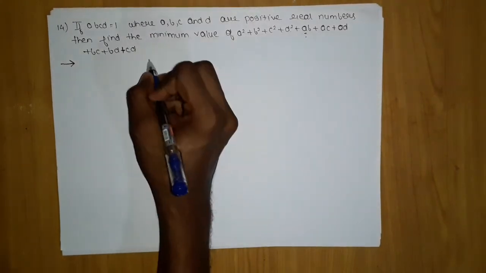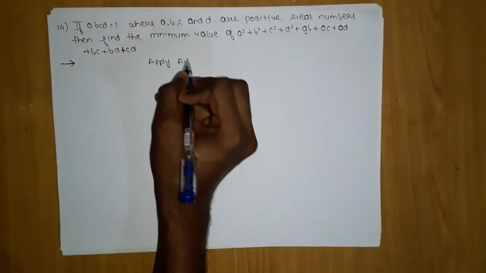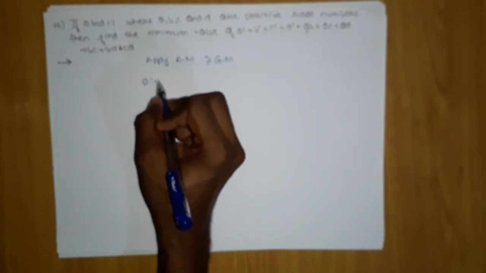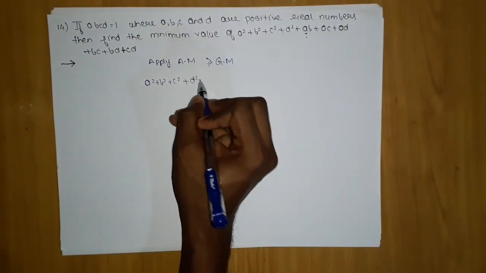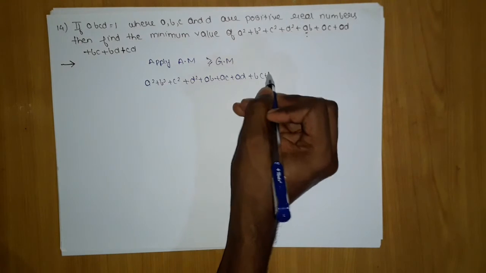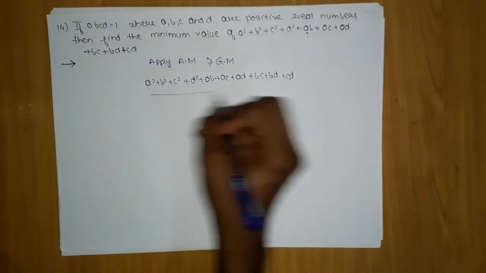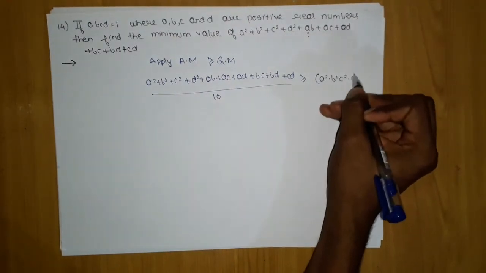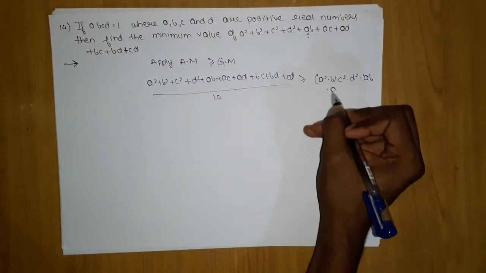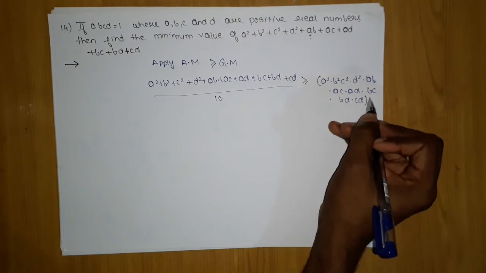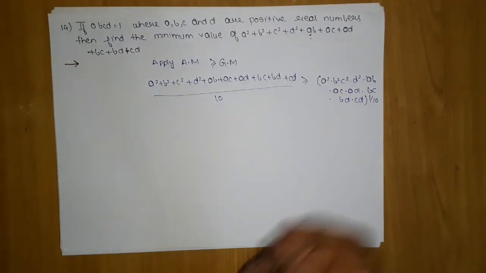No. So if I apply AM greater than or equal to GM on these terms, then it is (a square plus b square plus c square plus d square plus ab plus ac plus ad plus bc plus bd plus cd) upon 10 greater than or equal to (a square b square c square d square ab ac ad bc bd cd) the whole power 1 by 10.